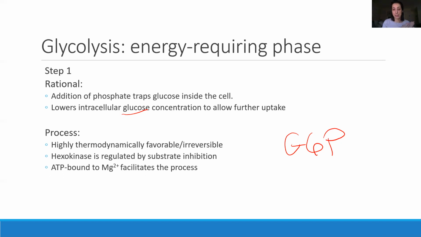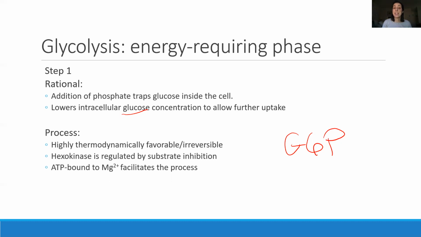The enzyme that does this transformation turns glucose into glucose 6-phosphate. And it's regulated via inhibition. Substrate inhibition. Remember that enzymes can be turned on and off. We talked about inhibition of enzymes. We can have competitive inhibition. We can have non-competitive inhibition.